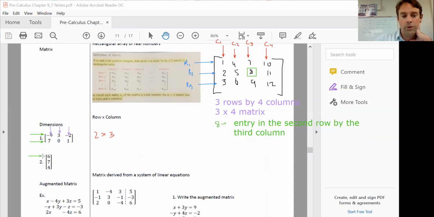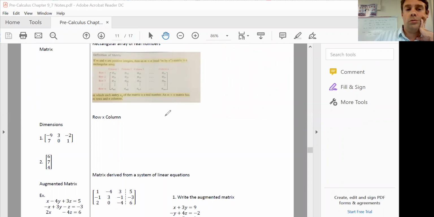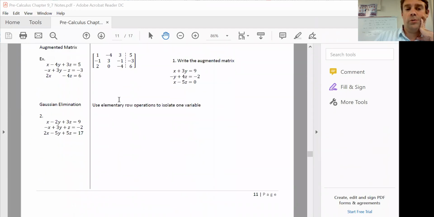We have 3 rows and we have 1 column. So we would say that this one right here is a 3 row by 1 column matrix. So we have this idea of matrices, number of rows by number of columns. All right, let's keep going here a little bit more.